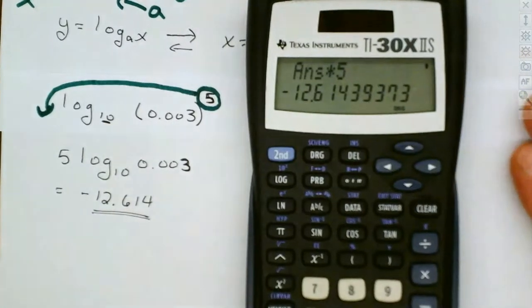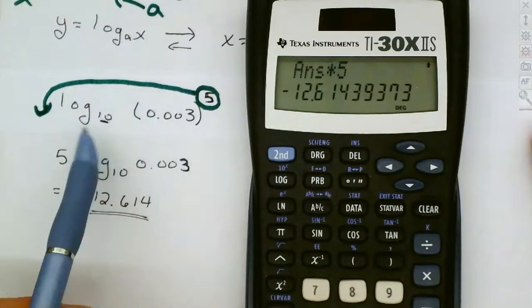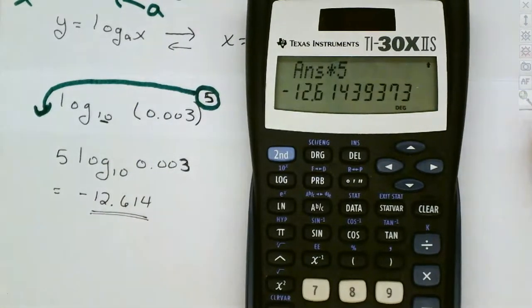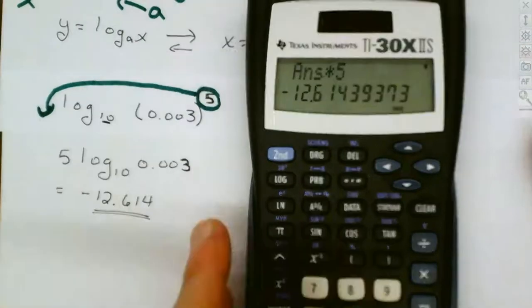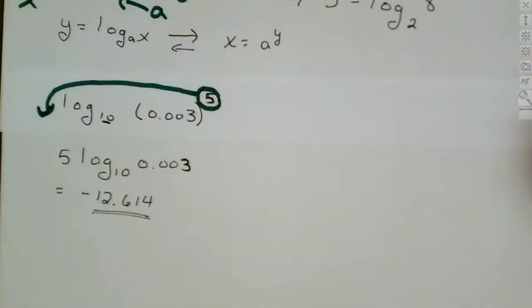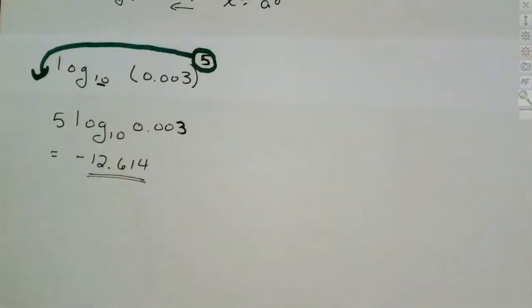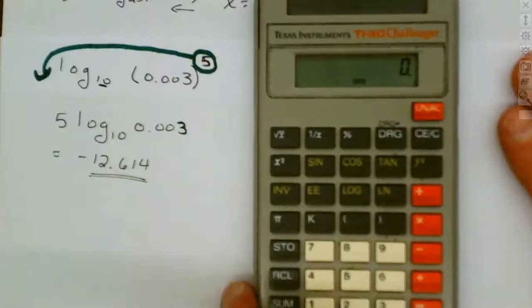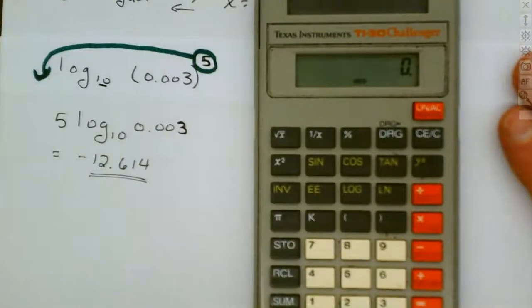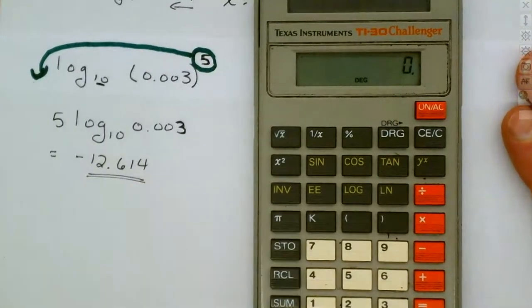So we use our property to bring that down. You could have just done this and then taken the log of that, but you'd have to write it down. I think it's easier if you just bring the exponent out front. That's one of the unique properties of logarithms, that you can bring an exponent down. How would I use this other style of calculator? This one's a little bit different too. If you have an inverse key, you're going to have to do it the opposite way.